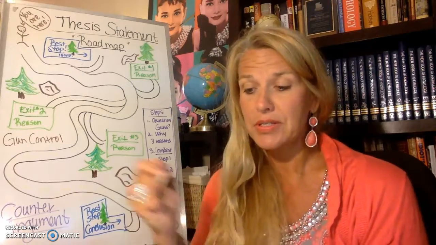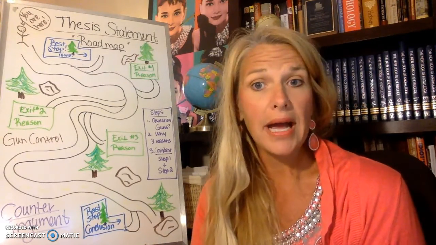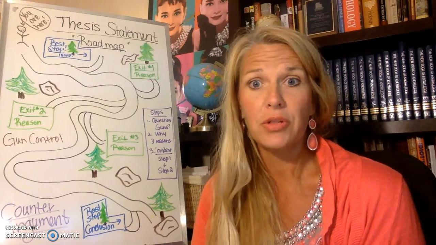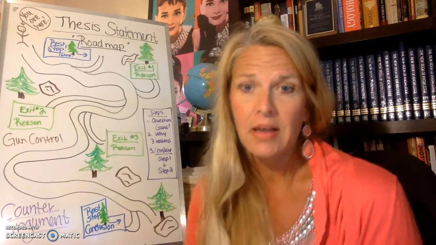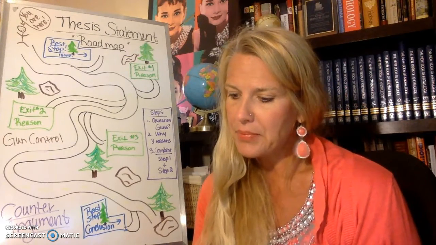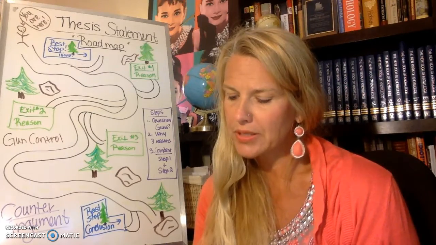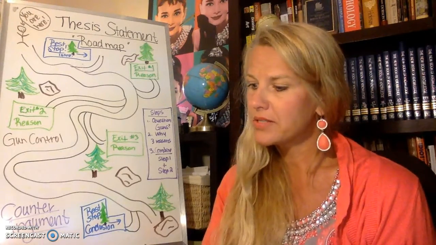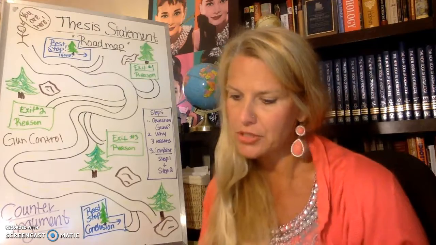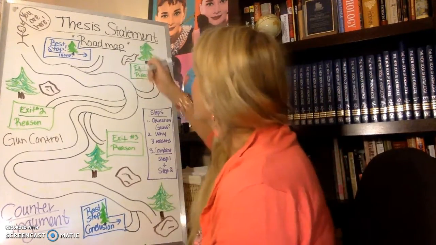Okay, so the first thing you do is create a question, and then you have to ask why, and you need 3 answers why. So I just chose 3 off the top of my head. I put we should have gun control to be able to protect ourselves and our families.